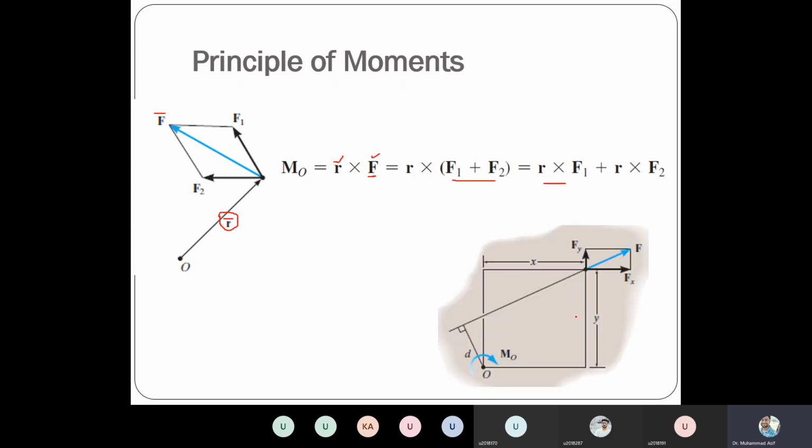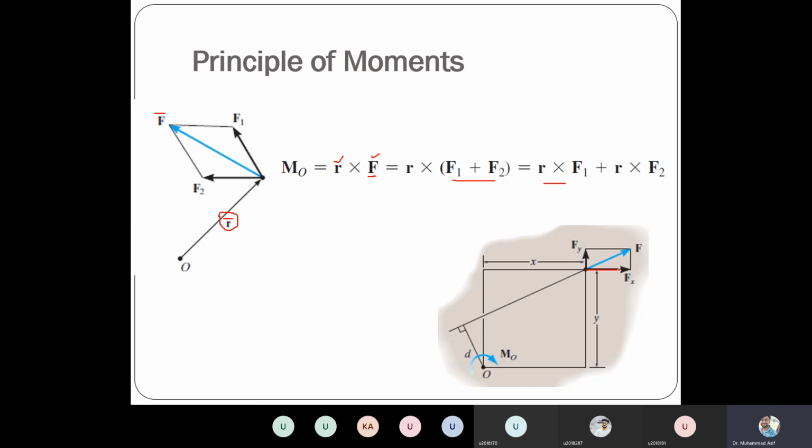We also saw that in terms of scalar components, if the force is in such a location that we cannot have the perpendicular moment arm for this force, then we can split this force into two components.